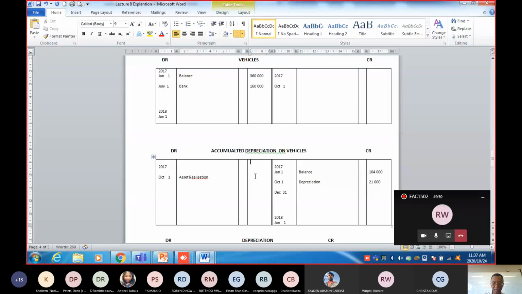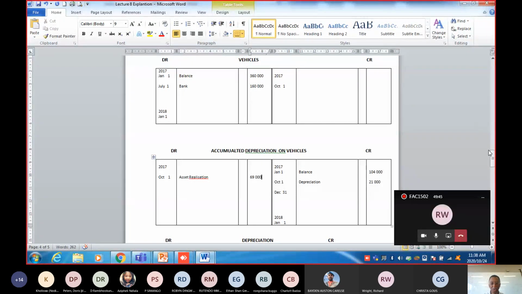The total accumulated depreciation written off that is transferred is 69,000.